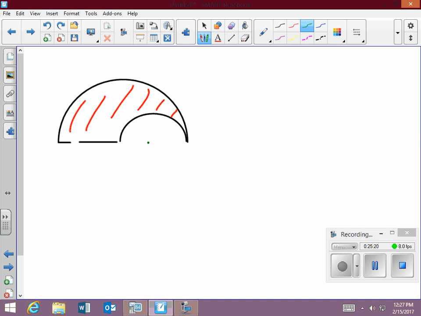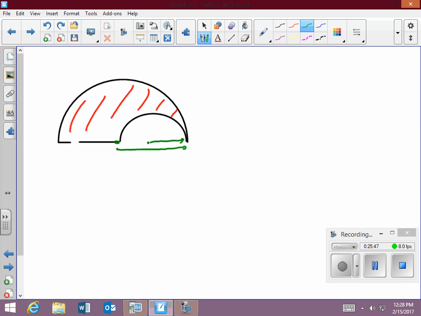So this radius, this distance from here to here, is half as long as the distance from here. If it says it's half as long, then this point right here has got to be where that comes down to. It's got to be the outside edge of that inner circle, that little circle.